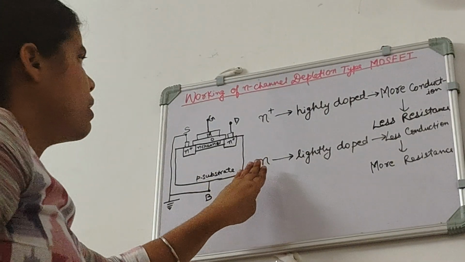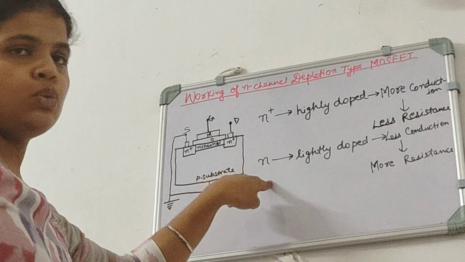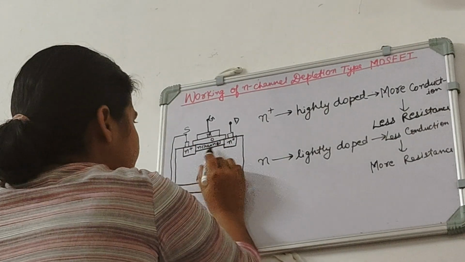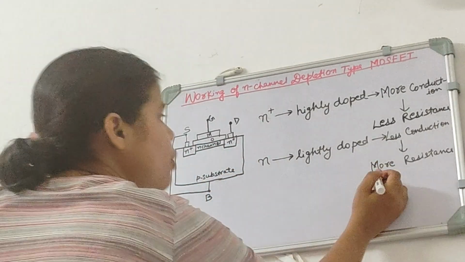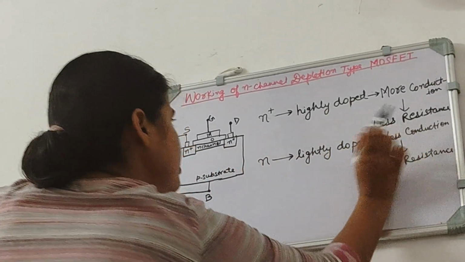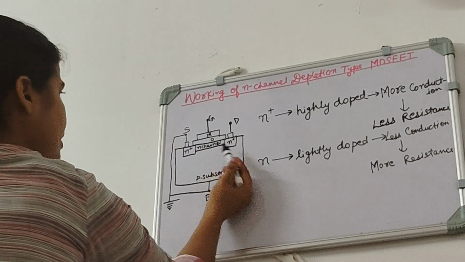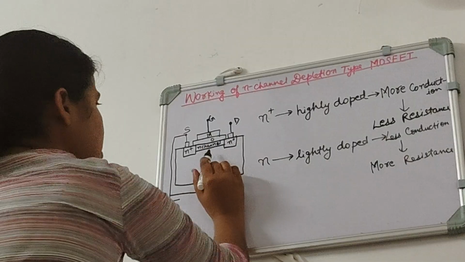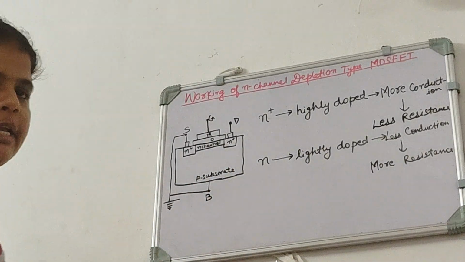So from these two things we can conclude that our channel will have more resistance, and our source and drain will have less resistance, because our source and drain are made up of N plus material and our channel is made up of N type material.